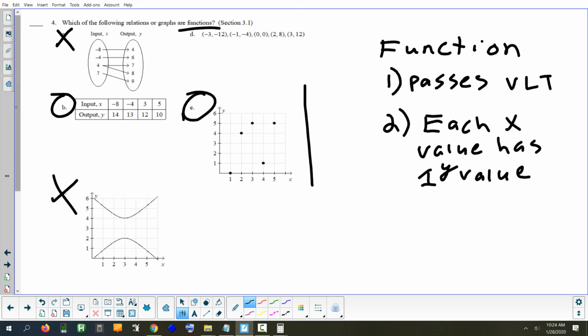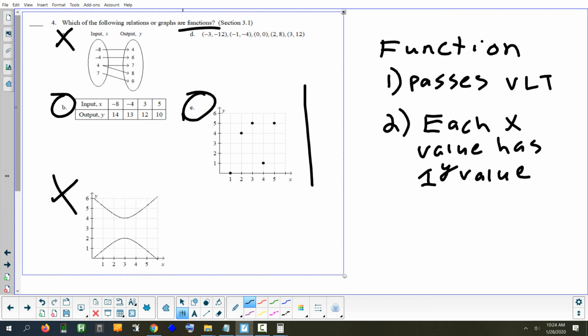Now let's look at D. -3 goes to what? -12. Any other -3s in the x's? No. How about -1? Okay. Do you see it anywhere else? Nope. In fact, each x value only happens one time. So that is a function.